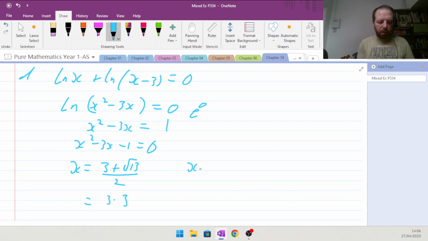And we also get x equals 3 minus root 13 over 2, which is roughly equal to minus 0.302.